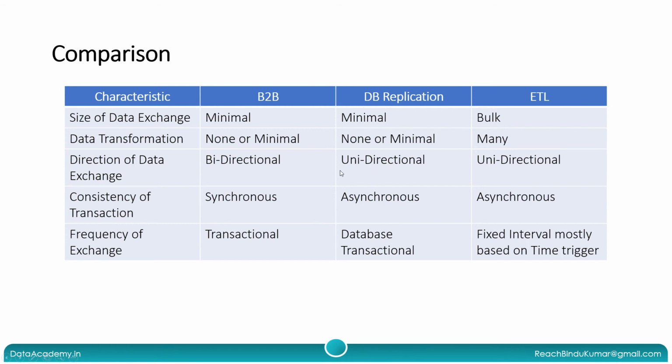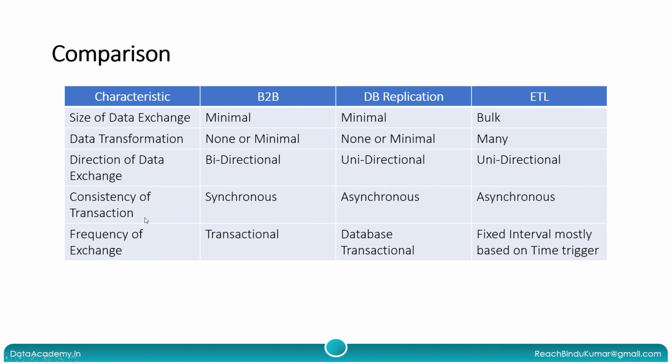The direction of data exchange is bidirectional in B2B, and in DB replication and ETL, it is usually unidirectional. But there is an exception. In distributed databases, it is common to see bidirectional exchange of information. But that's an advanced topic. It's a discussion for another day.